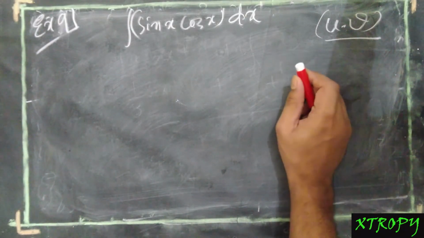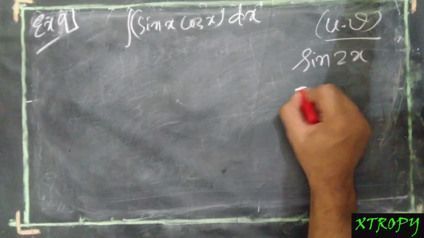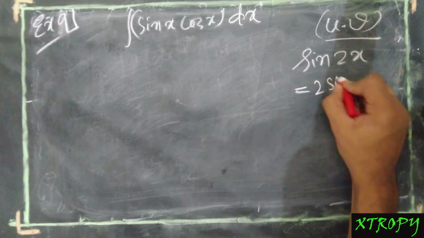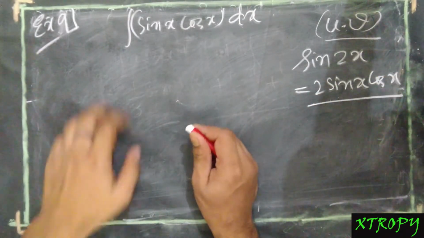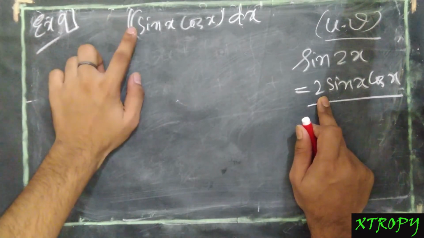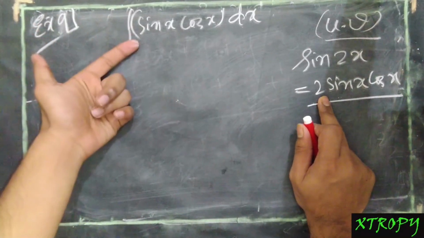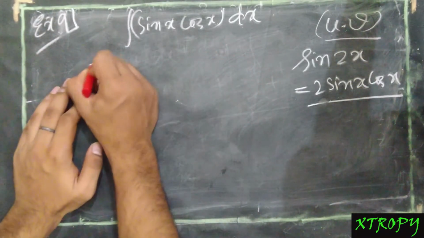I think you have learned the formula of sine 2x. The formula of sine 2x is 2 sine x cos x, right? So in this question we see that only a 2 was missing. If a 2 would be there, we could write it as sine 2x and then the integration will be easy.